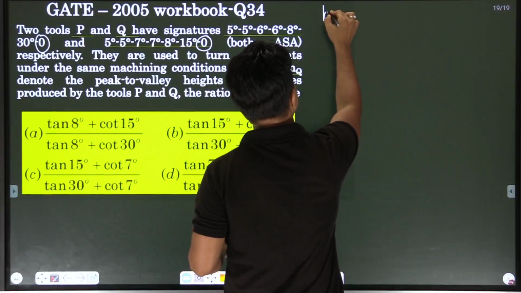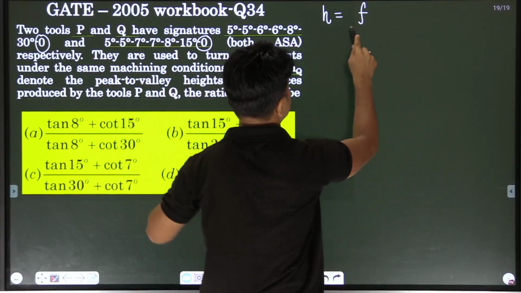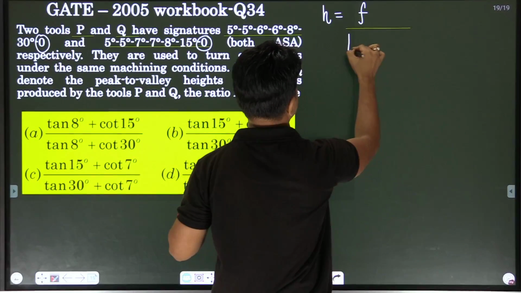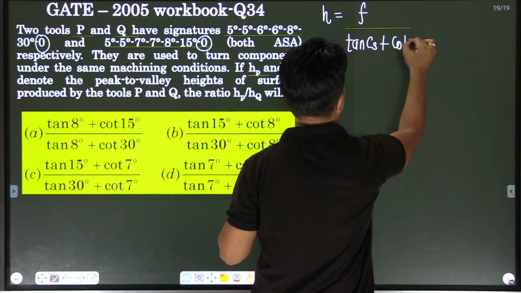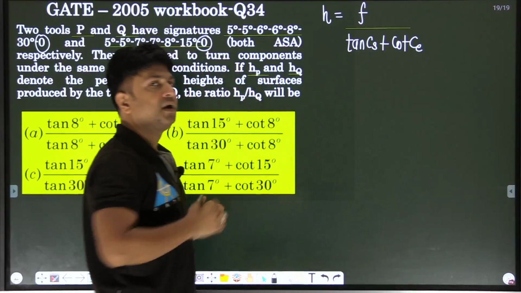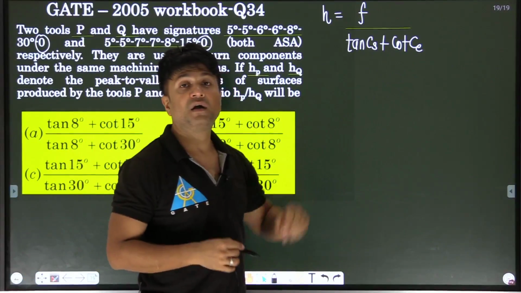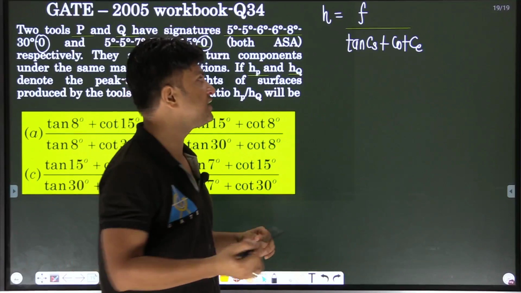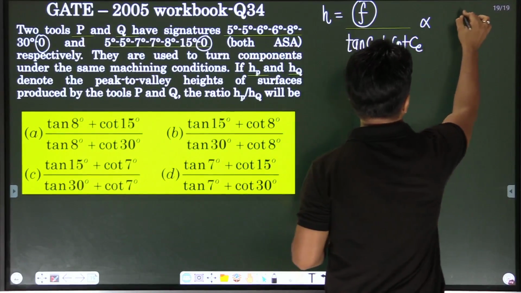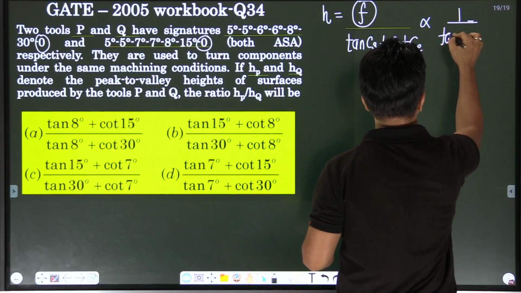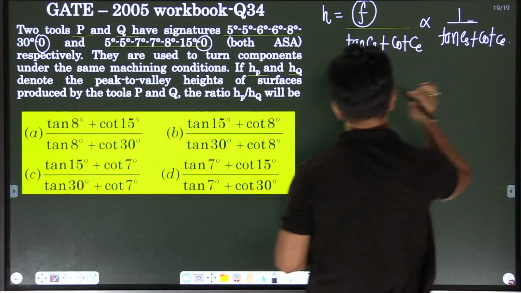Dear student, you know roughness in the ideal case, when nose radius is 0, is F divided by tan of side cutting edge angle plus cot of end cutting edge angle. Here the tool signatures change, so the angles change, but the other cutting conditions are the same, like feed. So it is directly proportional to tan of side cutting edge angle plus cot of end cutting edge angle.